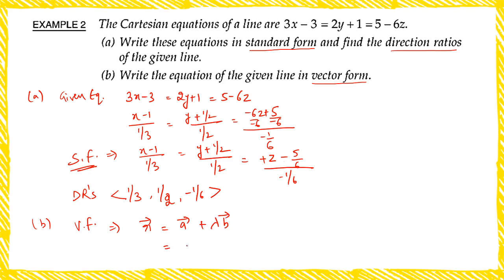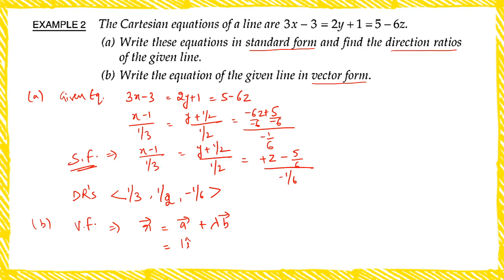A is what? A is the point on the line. So this means x minus x1, y minus y1, and z minus z1. What is x1? 1 only. So 1i.